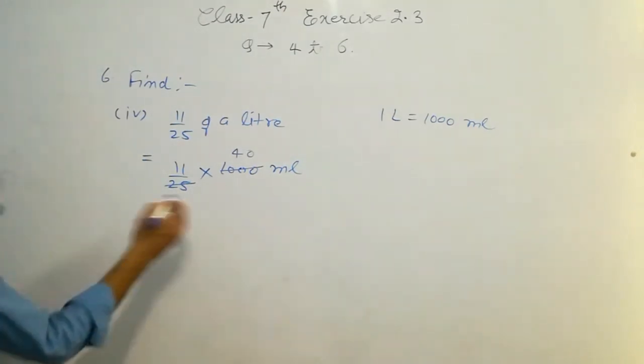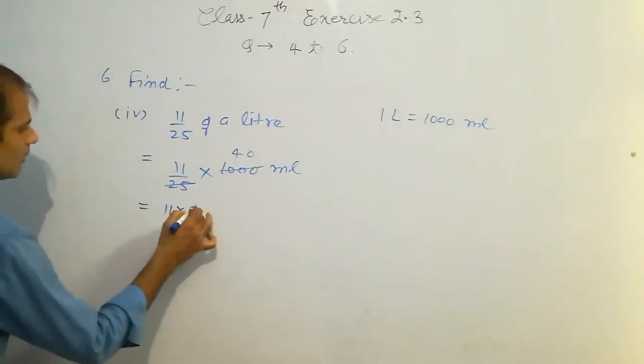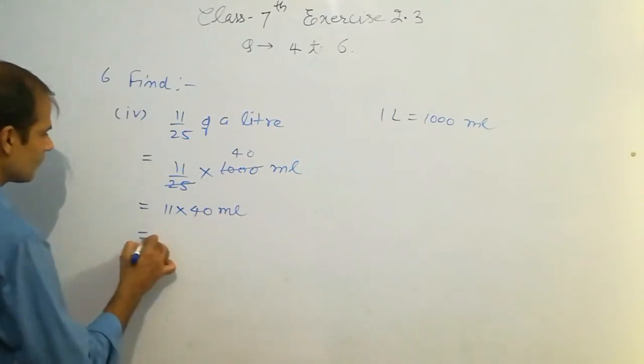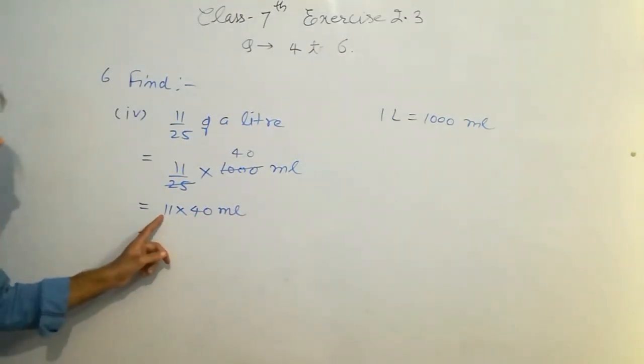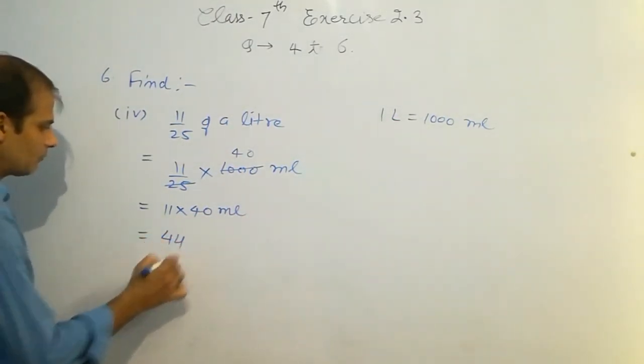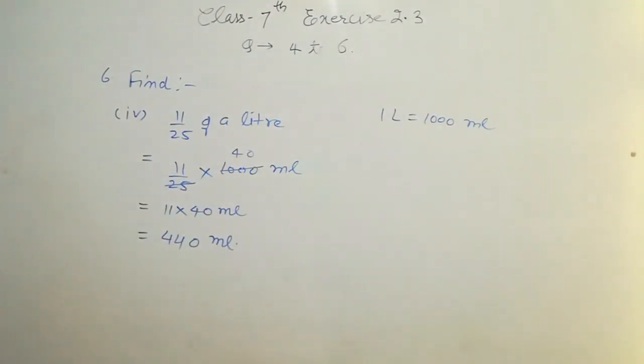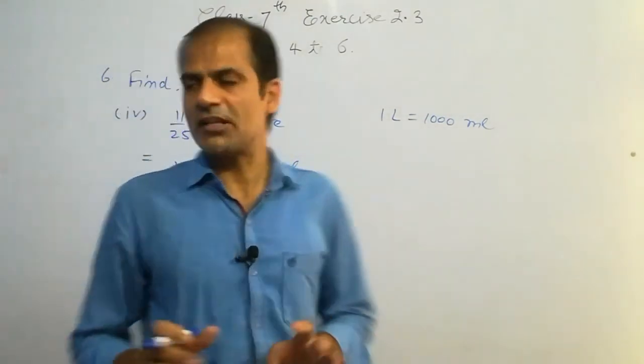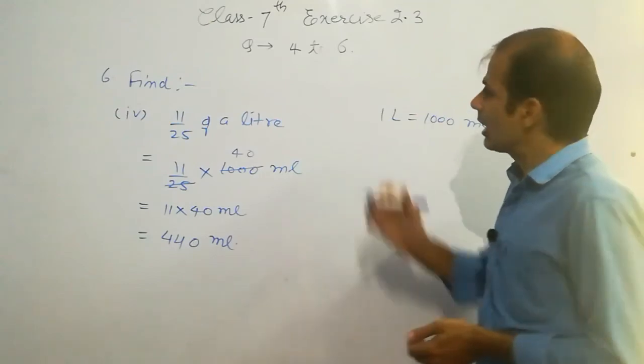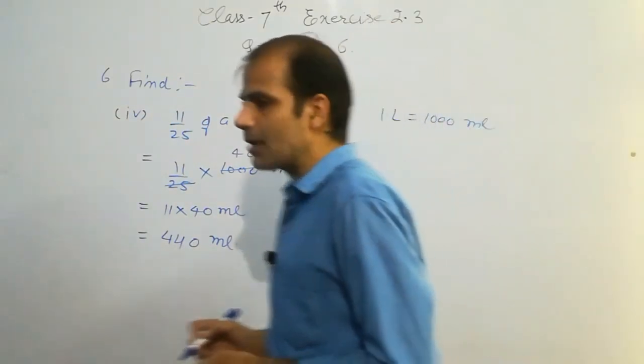It is 40. Now it is 11 into 40 ml. Now it's very easy. 11 4s are 44. Put this 0 and it is 440 ml. So the answer of fourth part is 440 ml.